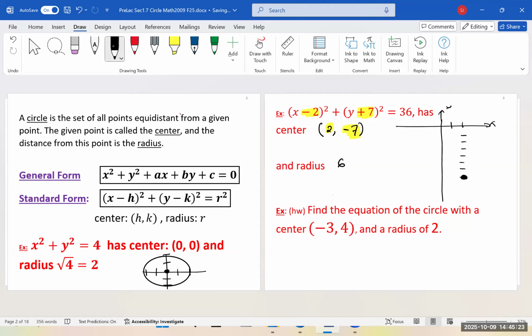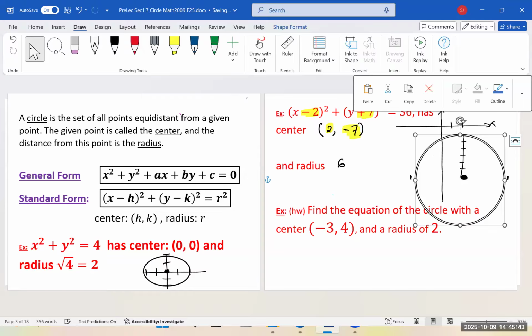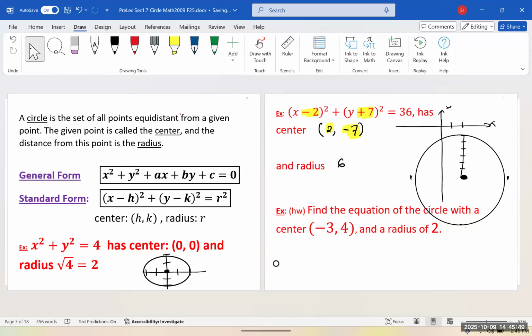From here, you go 6 units in all directions. I have to move it a little bit. Okay. Now I have a perfect circle. So 6 units up, and then it should have 6 units left, right, and downward.